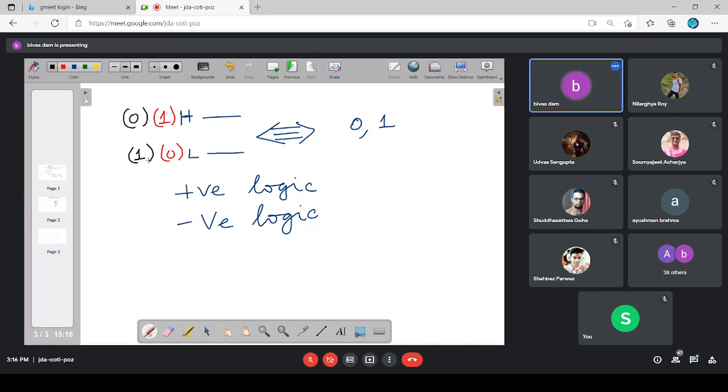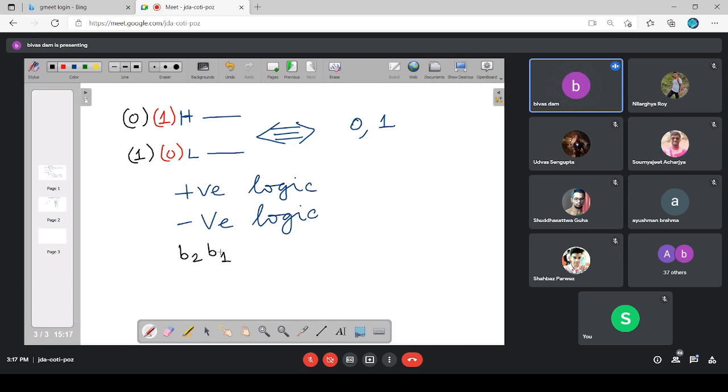Now, if I say that I have two binary bits, B2, B1, these are basically binary bits. That means they may have logic 0 or logic 1 value. B1 itself may be logic 0 or logic 1, B2 itself may be logic 0 or logic 1, and B2 and B1 may not always be equal in value.